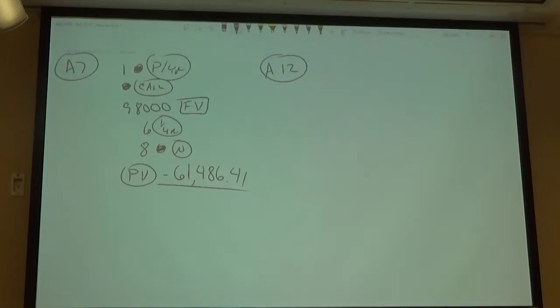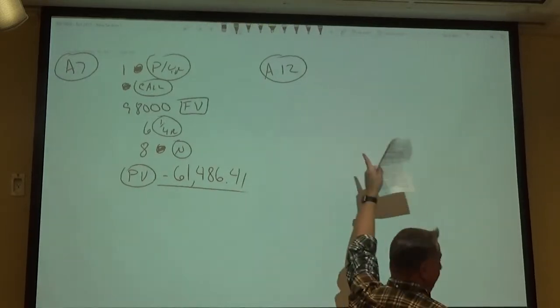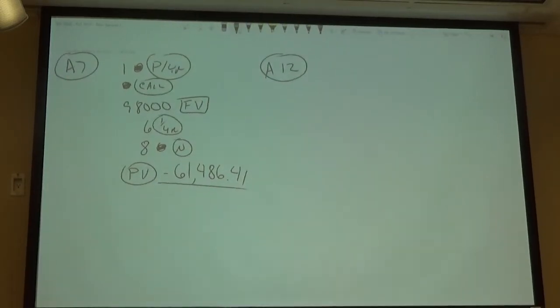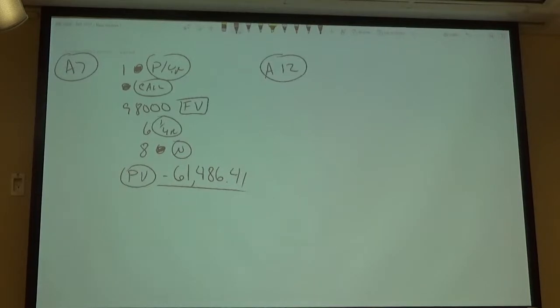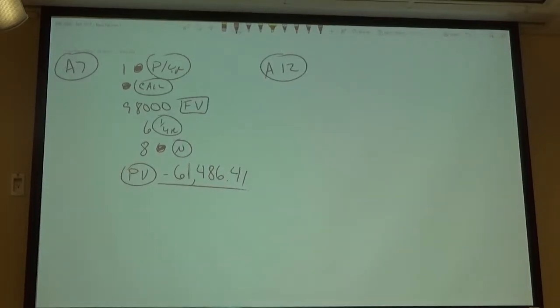You estimate that you can sell the land 3 years from now for $25,000 per acre. How much should you pay now for the land if the required rate of return is 25%? Okay, so once again, monthly or annual? Annual.